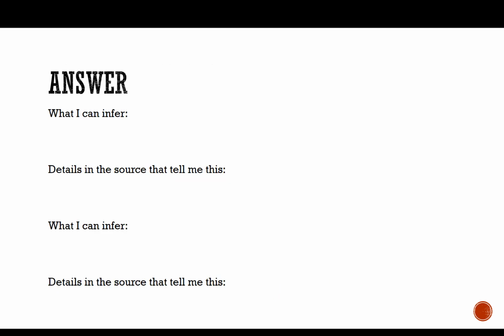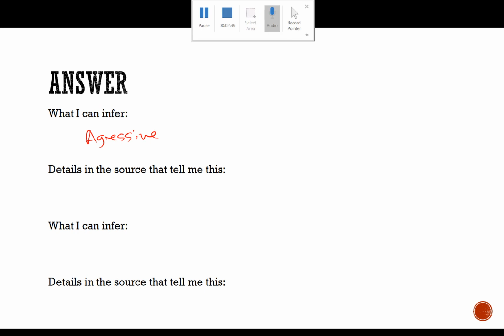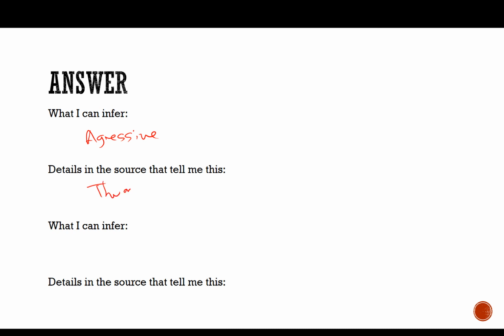So a typical answer, what can I infer? The first point I would say would be that he was quite aggressive and firm. So he was aggressive. And then details from the source that I would use would probably include the thumping of the table and the screaming.